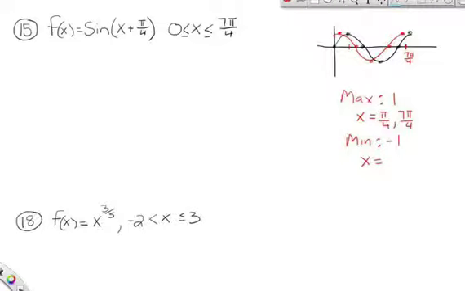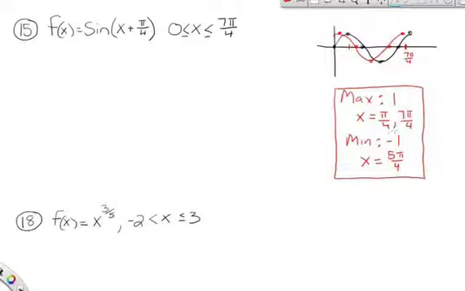We're at pi over 4 to the left of 3 pi over 2. So that's going to be 3 pi over 2 is 6 pi over 4, so that should be at 5 pi over 4. And again, all I'm doing is knowing the values of sine normally and then subtracting pi over 4 from those values. So I already know the answers.